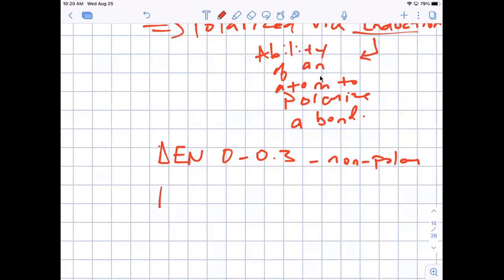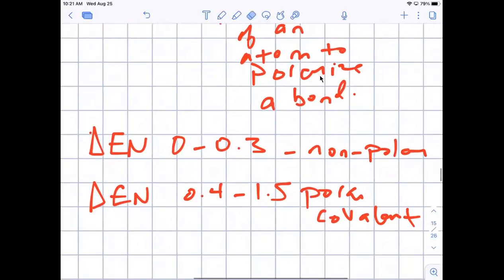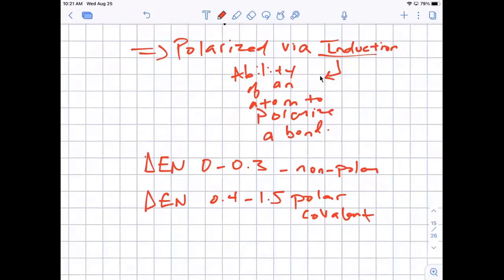I'm going to say for us, from 0.4 to 1.5 would be considered polar covalent.